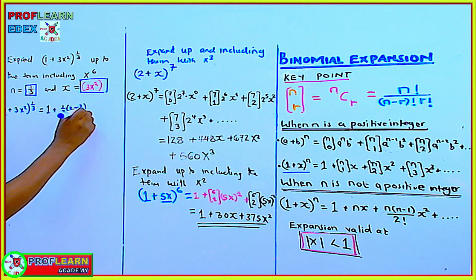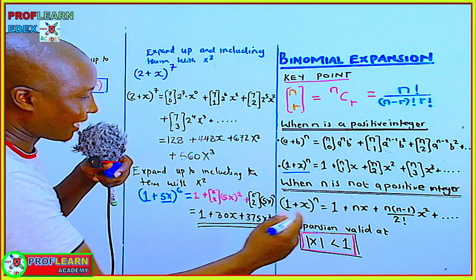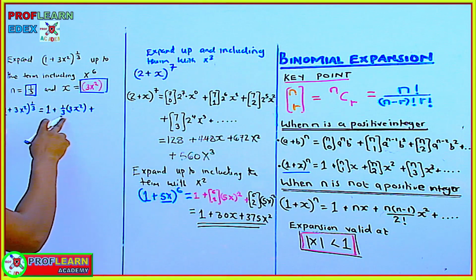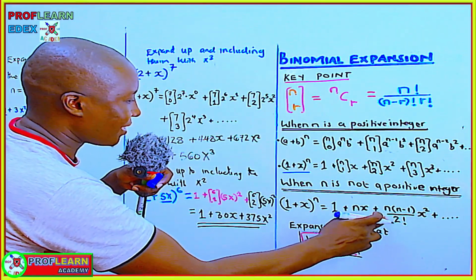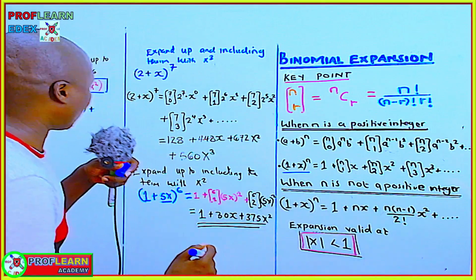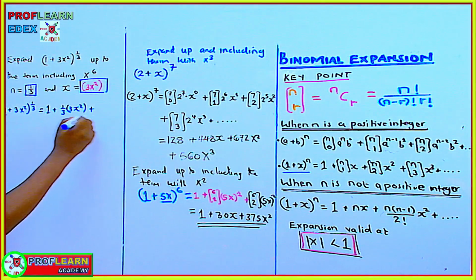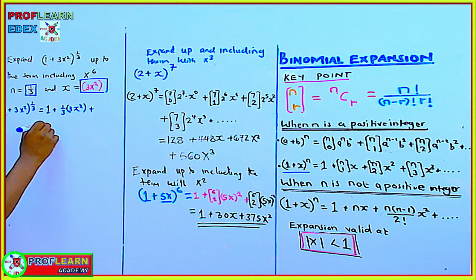Then plus the third term now, because we have the first term, the second term, and now we're moving to the third term. The third term is going to be n into n minus 1, where our n is 1 over 3.